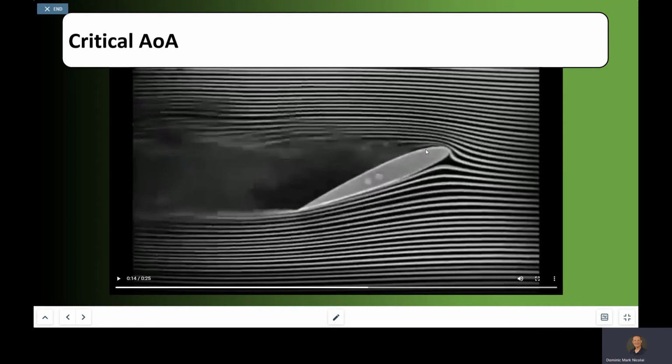So only about the first 20% of that wing is producing any lift at the moment. The rest of the airfoil has separated, boundary layer separation, and we're producing a significant amount of drag with it. So that's what's happening with your wing.